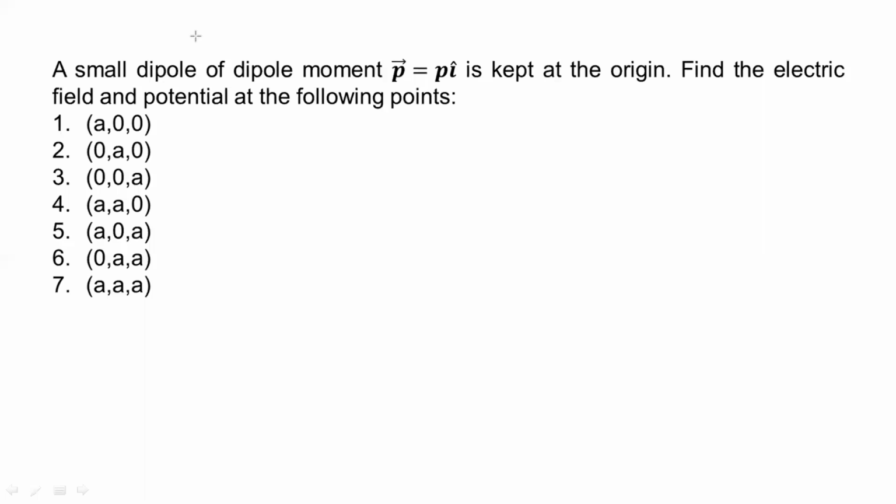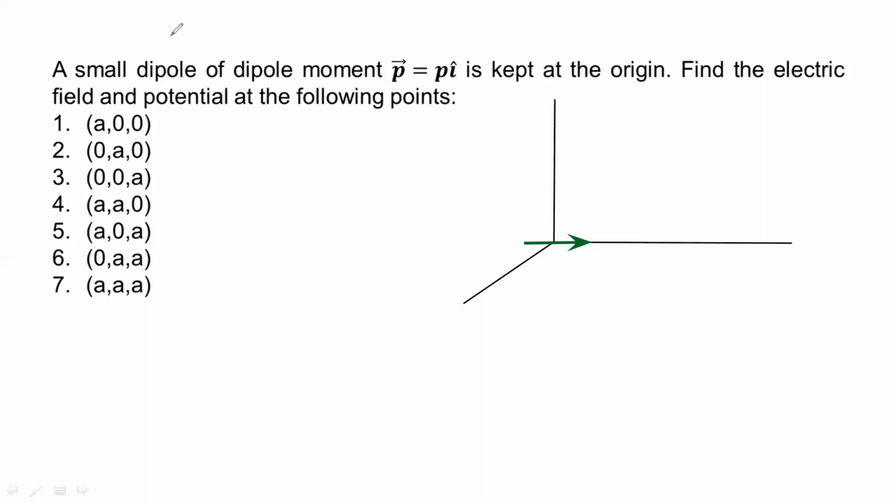So this one right here, the last one is, let's say this is the x-axis, this is the y-axis, and this is the z-axis. And our dipole is right here.